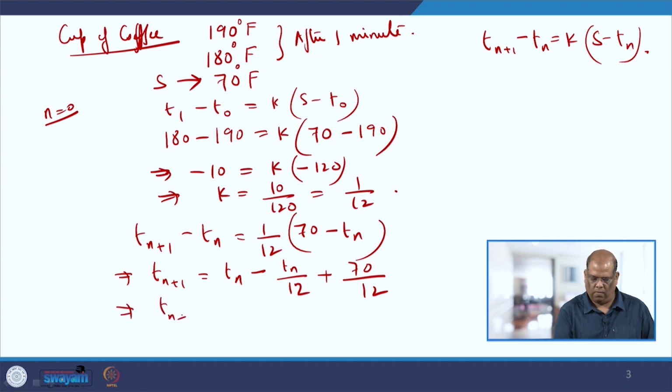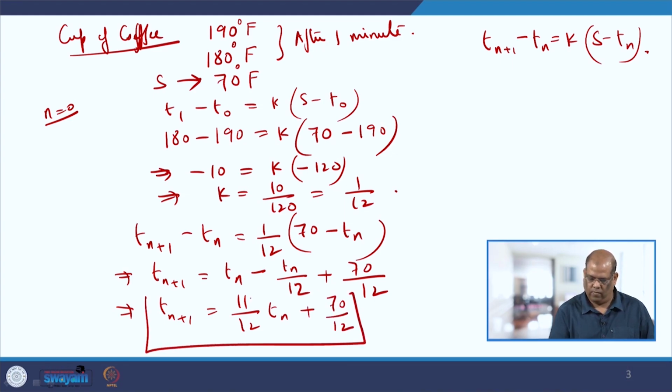So, Tn plus 1 equal to 11 by 12 Tn plus 70 by 12. So, this equation Tn plus 1 is equal to 11 by 12 Tn plus 70 by 12.